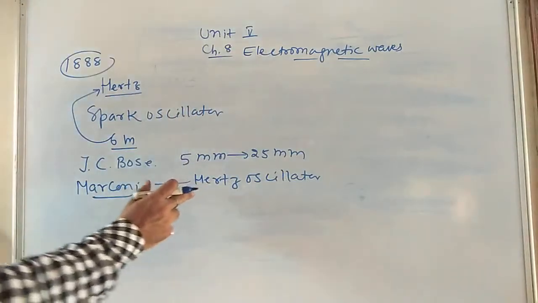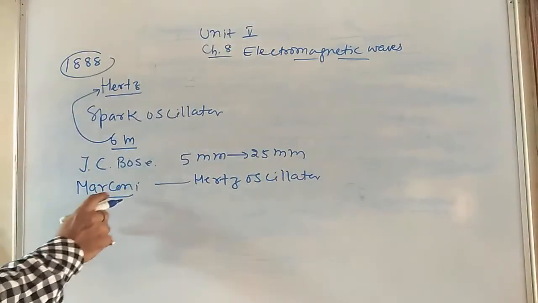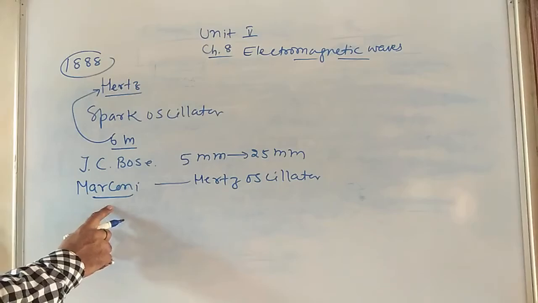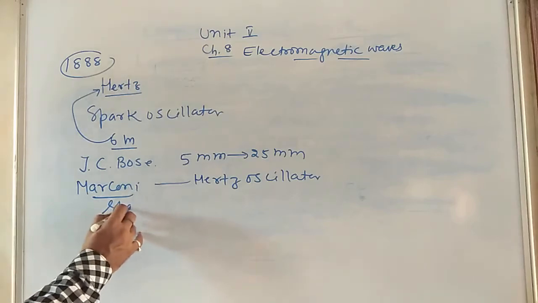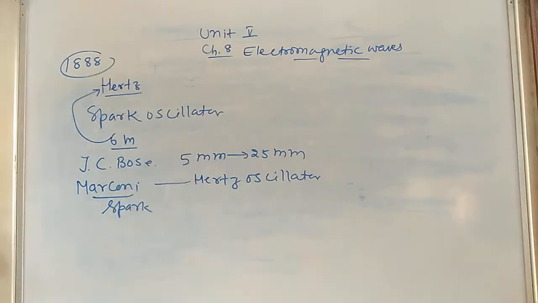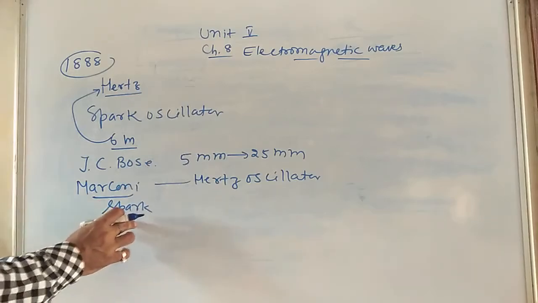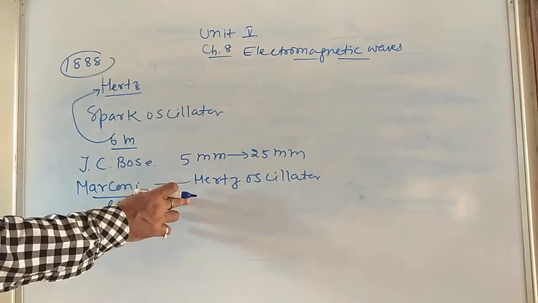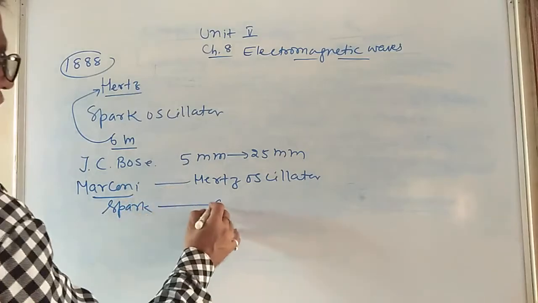So Marconi discovered that one of the spark gap terminals, where the light sparkles, of the Hertz oscillator is connected to an antenna.